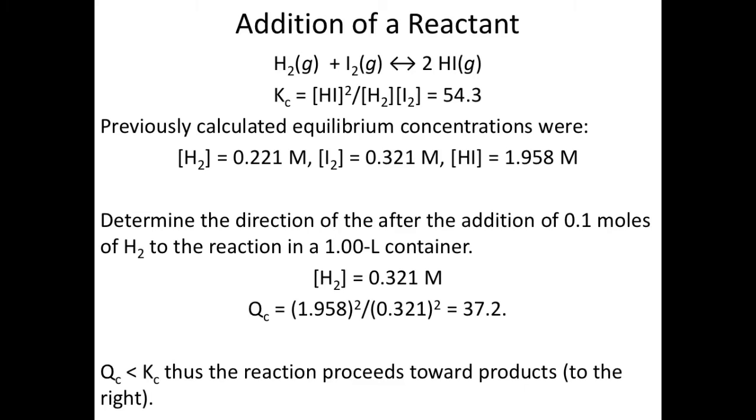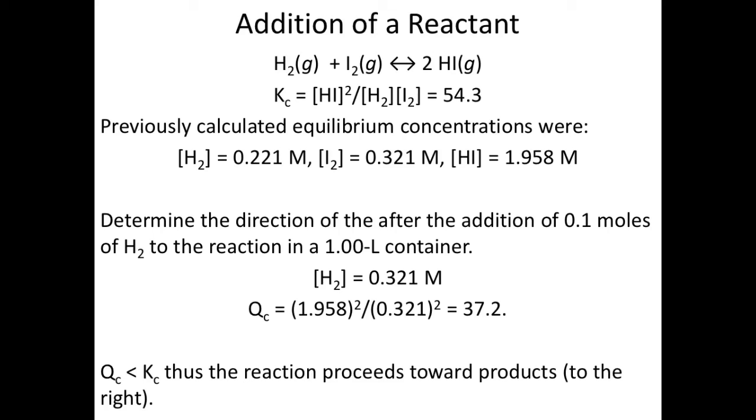Previously calculated, the equilibrium concentrations were the following: 0.22 molar for hydrogen, 0.321 molar for iodine, and 1.958 molar for the hydrogen iodide. Determine the direction after the addition of 0.1 moles of hydrogen to the reaction in a 1 liter container. So we're going to increase the molarity of hydrogen to 0.321 molar.